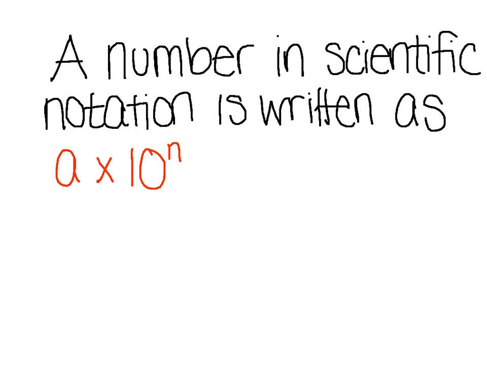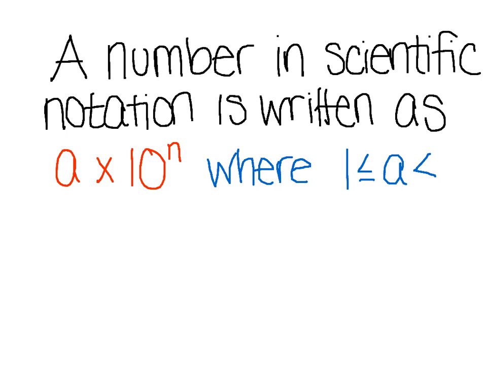A number in scientific notation is written as a times 10 to the nth. So a is going to be a number times 10 to some power, either positive or negative. And a is always going to be a number between 1 and 10, not including 10.